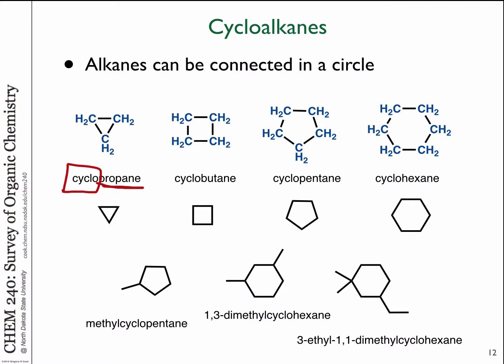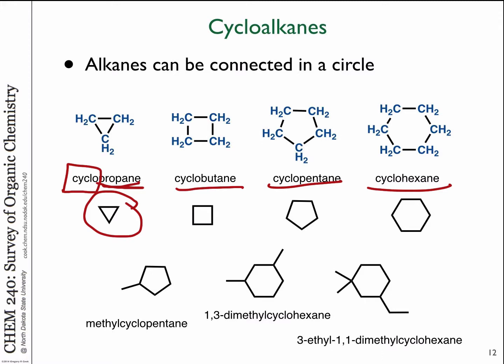But notice if we go from 3 carbon to 4 carbon to 5 carbon, 6 carbon, and so on, cyclobutane, cyclopentane, cyclohexane, we can draw them in the line structures like this. If you have substituents here, in these examples on the bottom, those substituents on the ring are smaller than, have fewer carbons than the ring.